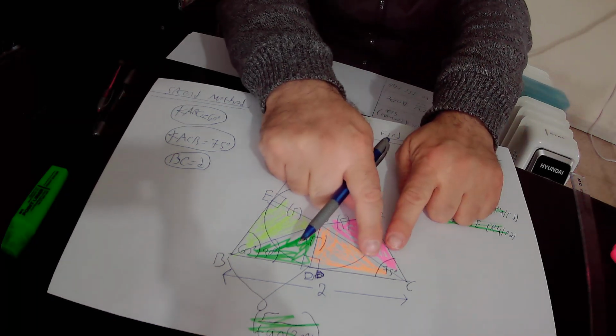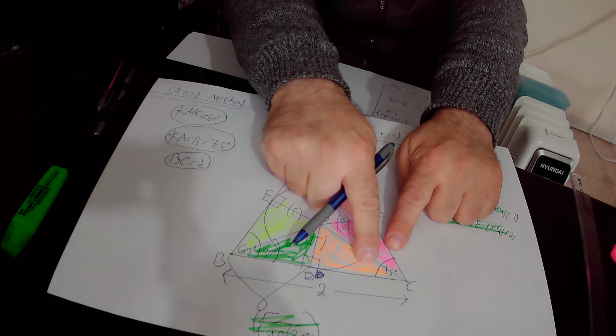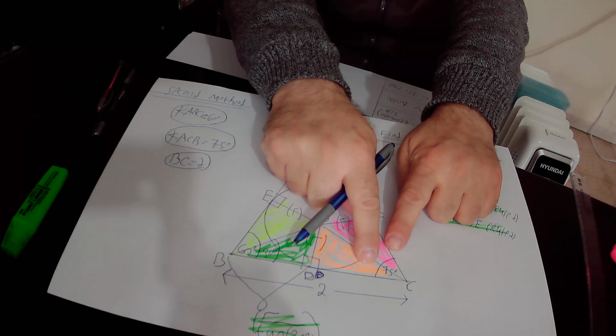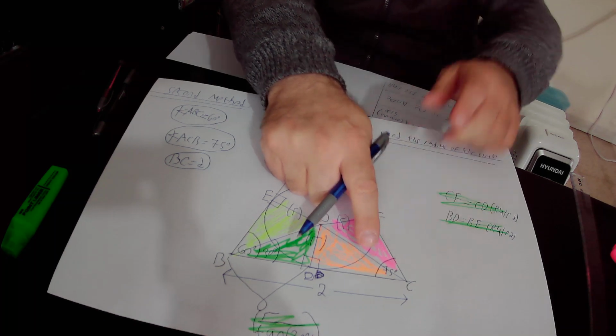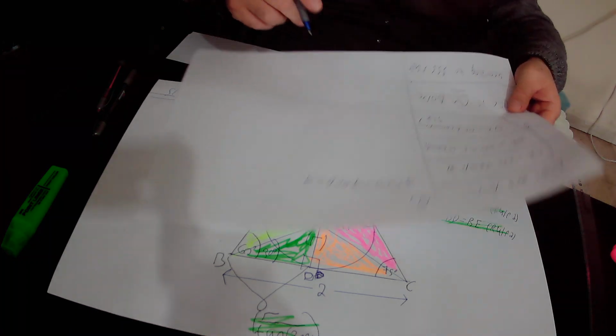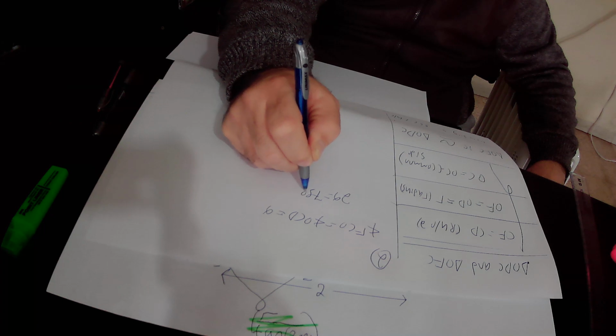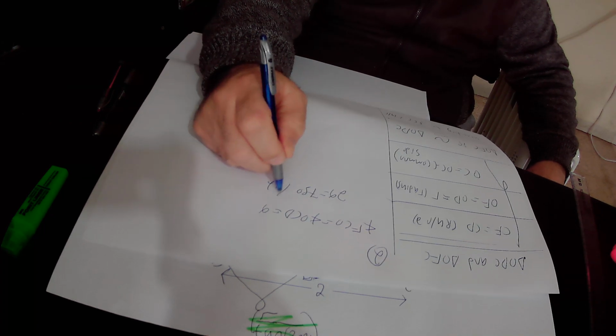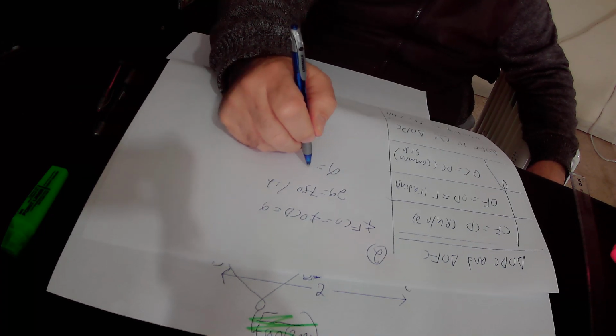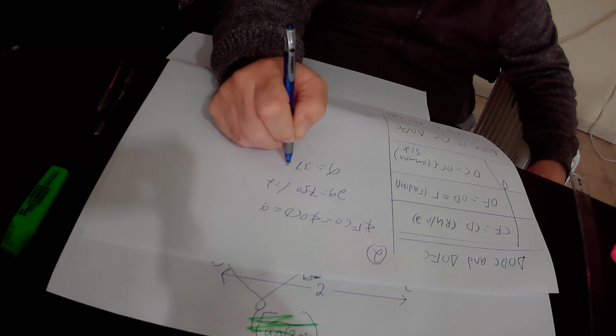So alpha plus alpha equals 75 degrees, according to what is given in the question. So 2 alpha equals 75 degrees. We divide this equation by 2 and we get that angle alpha equals 75 degrees over 2, that is 37.5 degrees.